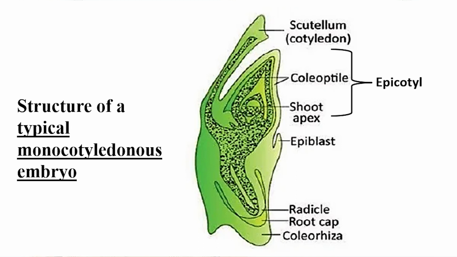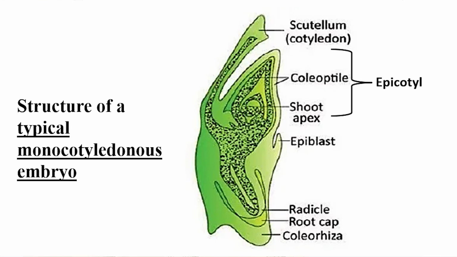This epicotyl has a shoot apex, a structure similar to the stem tip in the dicot, and there will be a few leaf primordia. That's the same for both dicot as well as monocot.